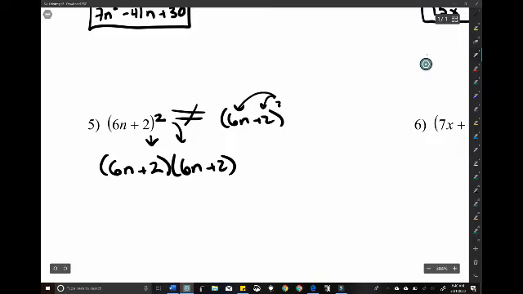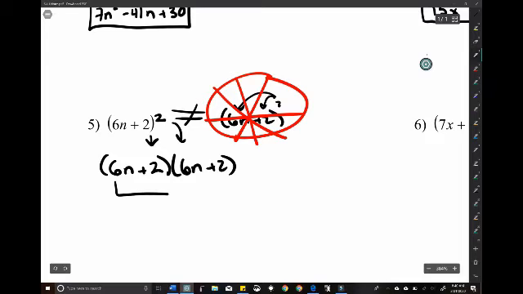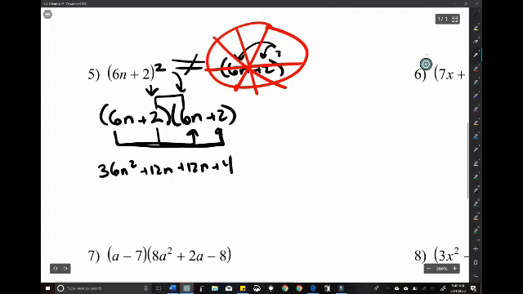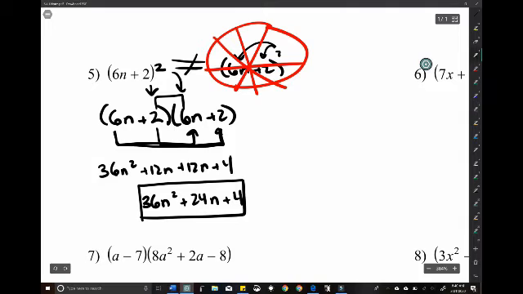No, don't do that. Write it twice and then use FOIL. 36n squared, outers plus 12n, inners plus another 12n, and lasts plus 4 leaves us with 36n squared plus 24n plus 4.